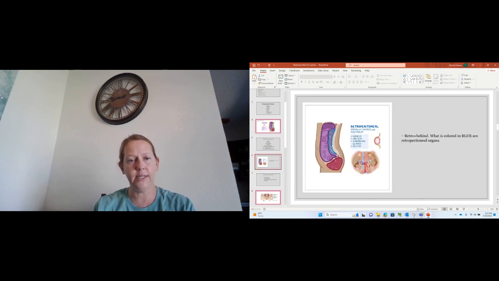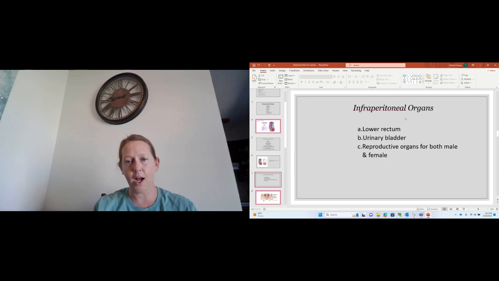So here is everything that's retroperitoneal. It's everything that is behind. It's the most posterior of the abdominal organs. That's why it's called retro. Everything that is colored in blue here is towards the backside.